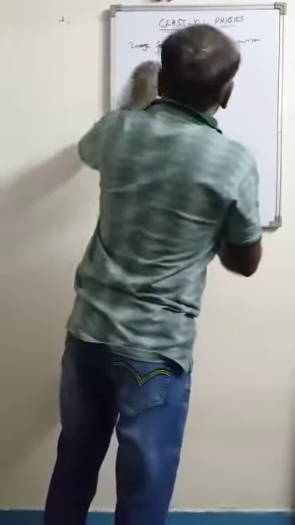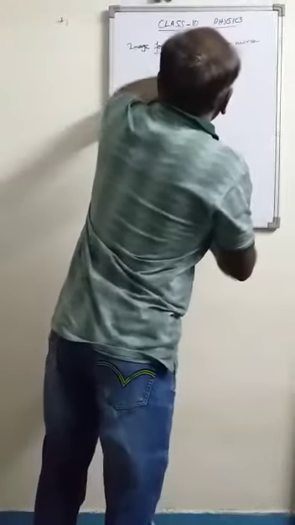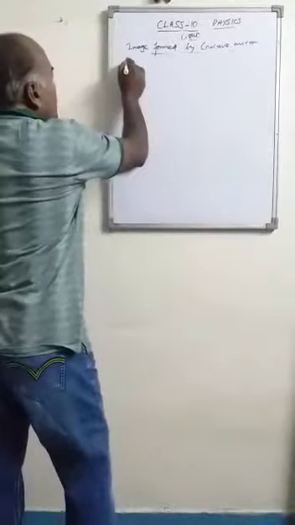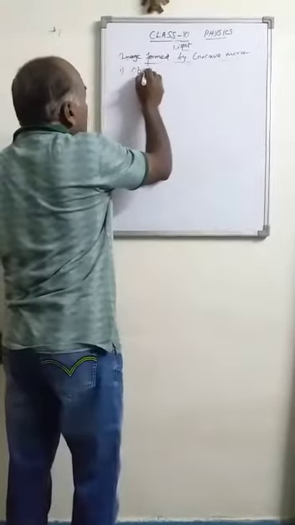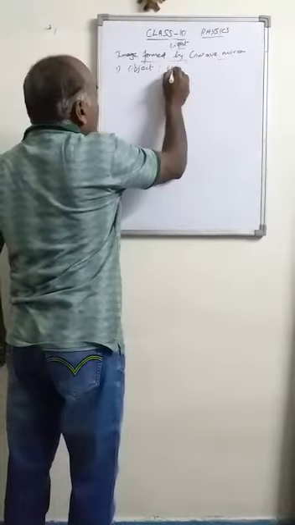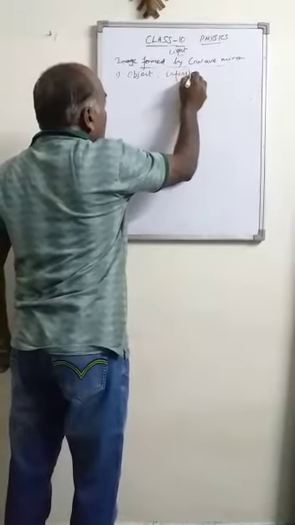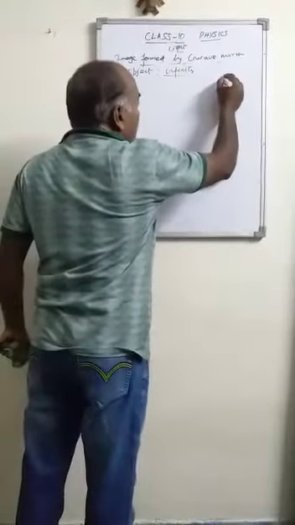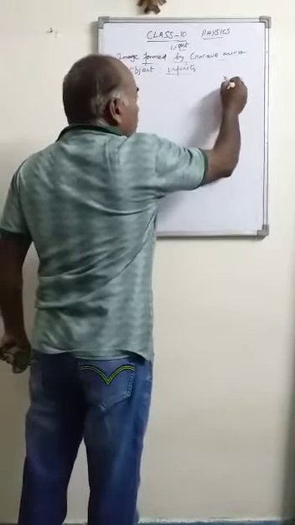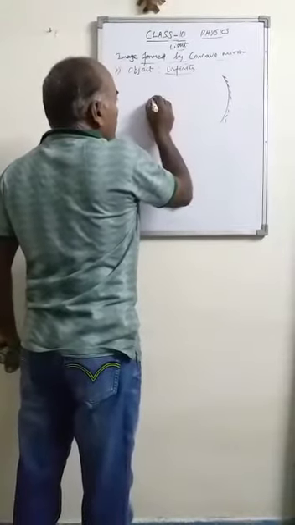First thing, the first position. Let us take the object is placed at infinity. If the object is placed at infinity, what kind of image is formed in the case of a concave mirror?